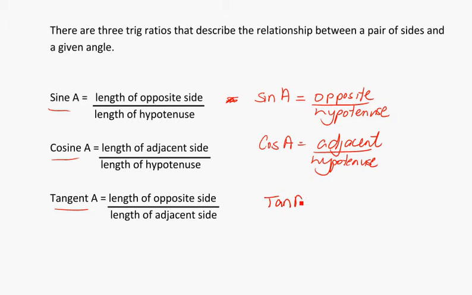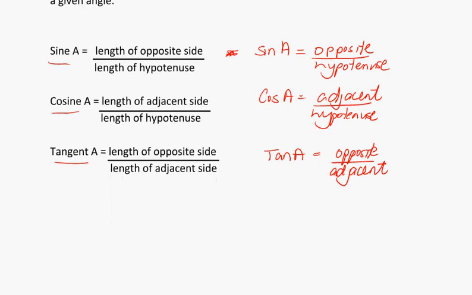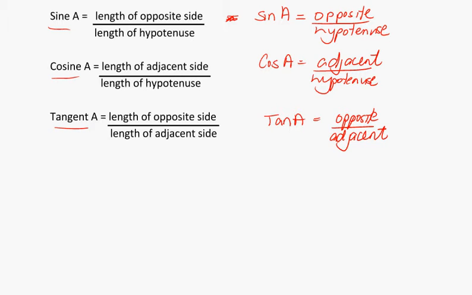Tan A is opposite over adjacent. Now that's still pretty wordy to remember, so let's shorten it again.